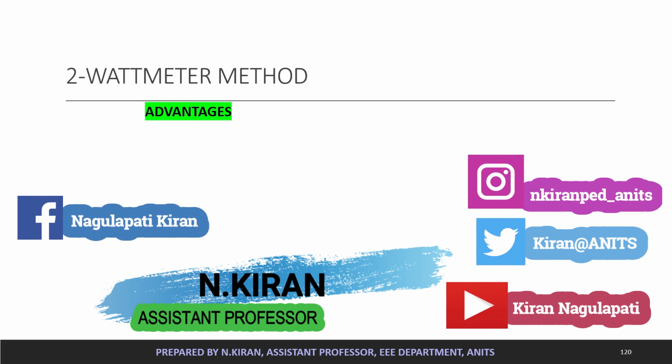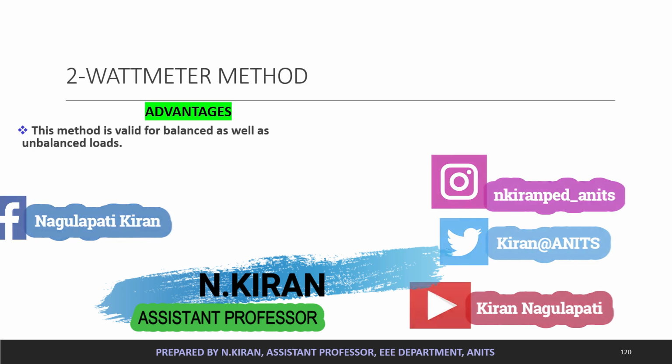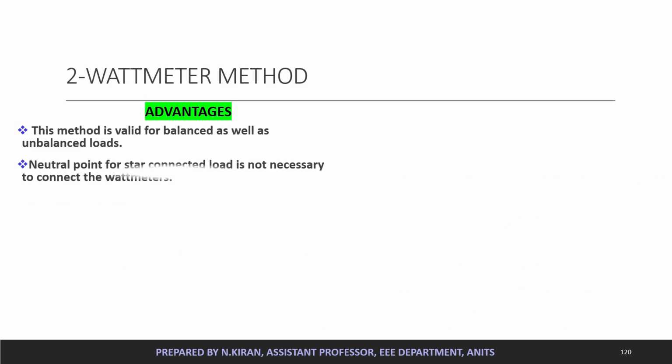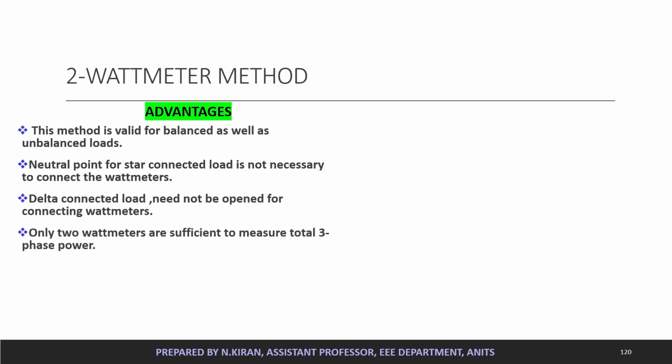The advantages of the 2 wattmeter method is this is valid for balanced as well as unbalanced loads. Neutral point for star connected load is not essential in order to connect the wattmeters. The delta connected load need not be opened for connecting the wattmeters for power measurement.